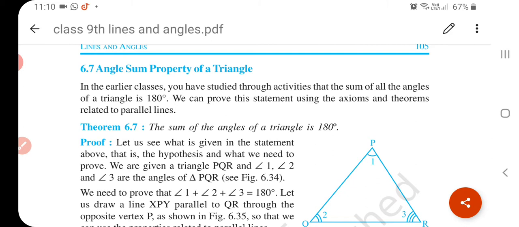Students, if we talk about a triangle, a triangle always has three angles. See, this is a triangle and it has three angles: angle 1, angle 2 and angle 3.